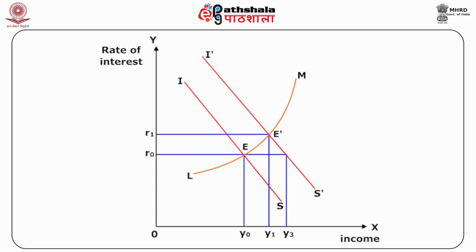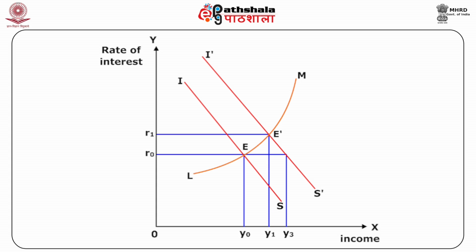But suppose government expenditure increases. When government expenditure increases, the IS function shifts outwards or rightwards, and the new IS function is I prime S prime. I prime S prime intersects with the existing LM function at a higher level, which is E prime.